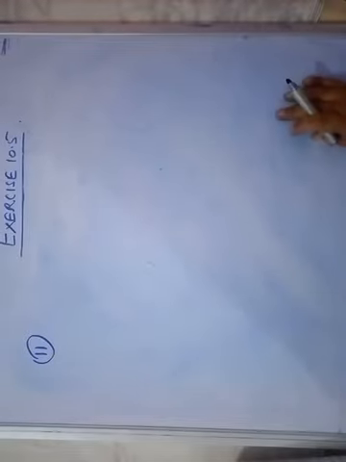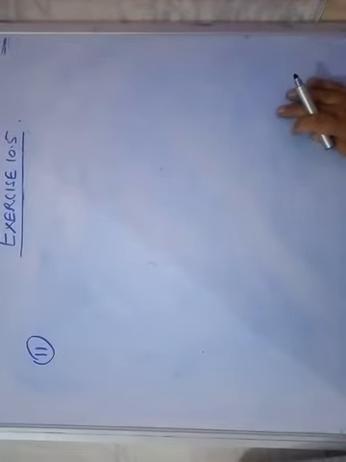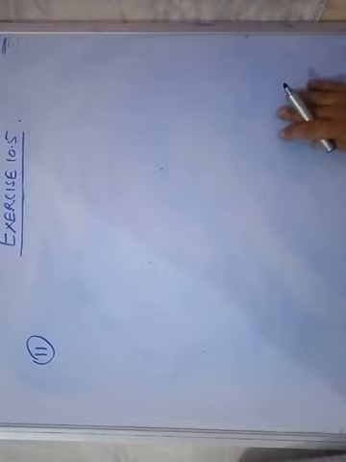ABC and ADC are two right triangles with common hypotenuse AC. Prove that angle CAD equal to angle CBD.